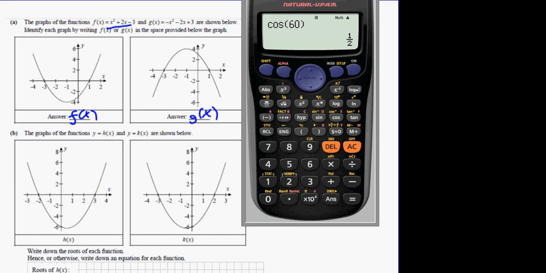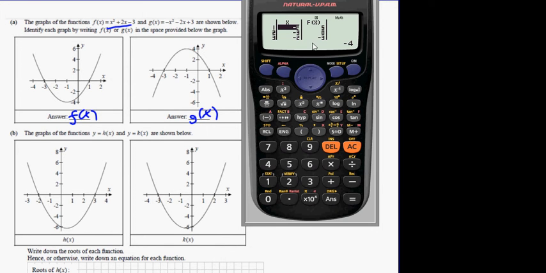If I didn't remember that in an exam, however, what I could do is use the table function on my calculator, and I could put in what f of x is. So I could say x squared plus 2x minus 3, and then we're going to go from minus 4. You can see the minus 4 here, and then minus 4 all the way to 2, and you can match up the points then.